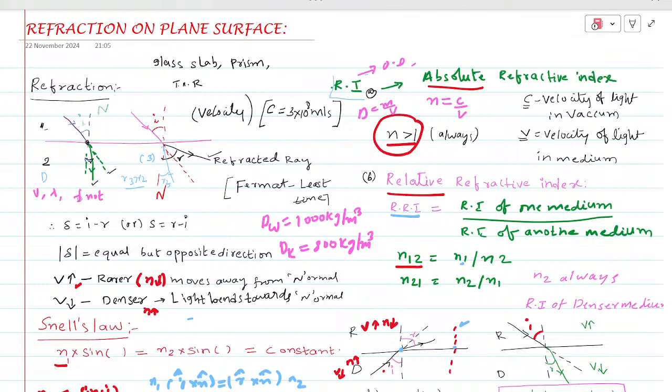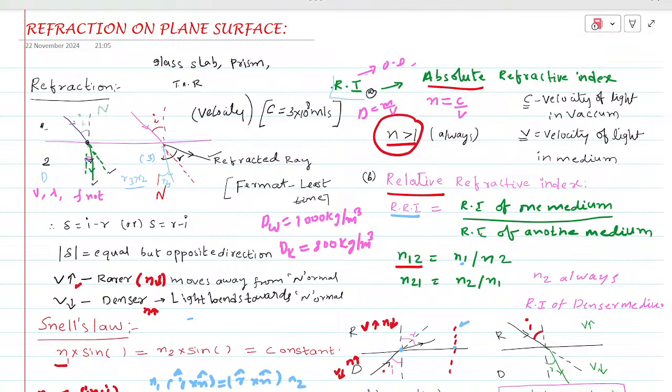Velocity and wavelength will differ from medium to medium. In a denser medium, velocity is less and automatically wavelength is also less. Where velocity is more, that medium is the rarer medium.